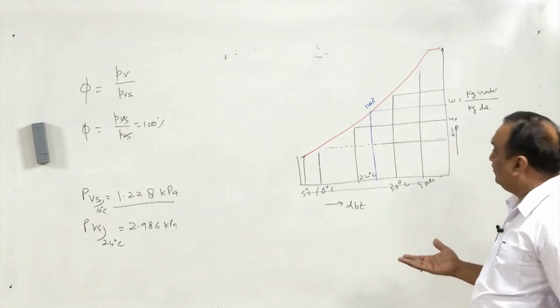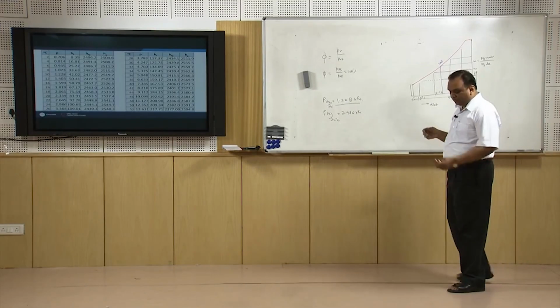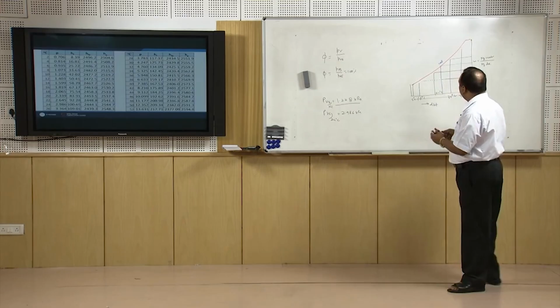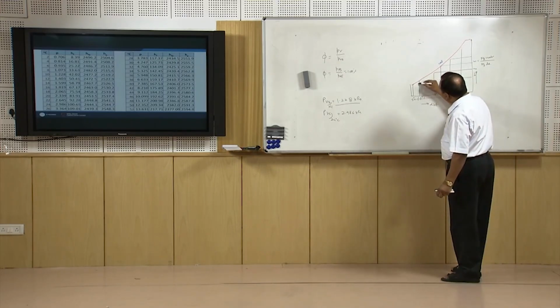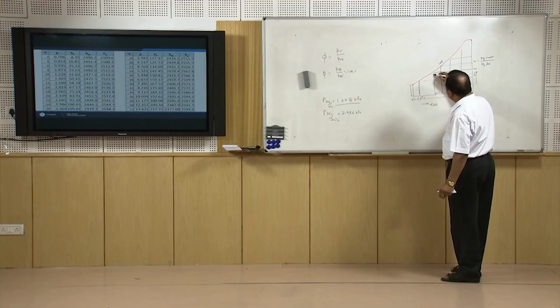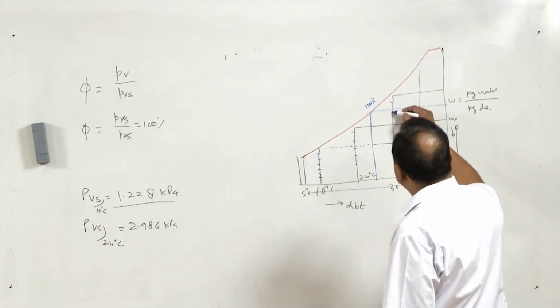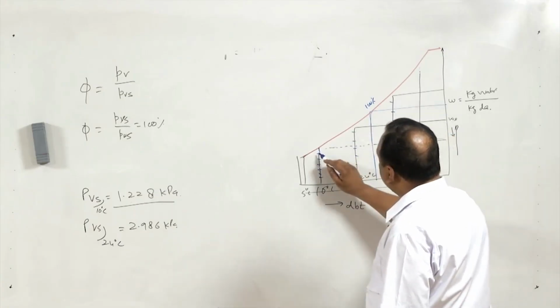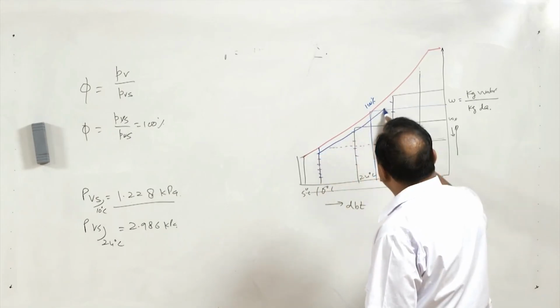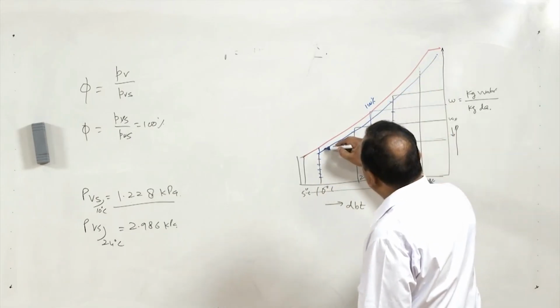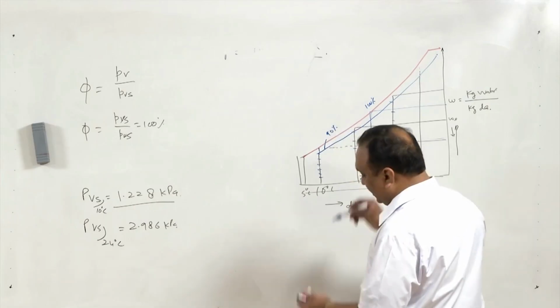Now, I want to have a constant RH of 90% also. So, what we will do, we will divide these lines in 10 parts, and then we will join these parts one by one on each line. So, this will give 90% RH.